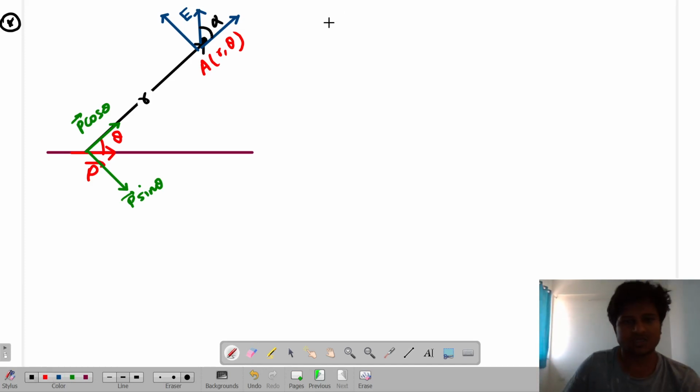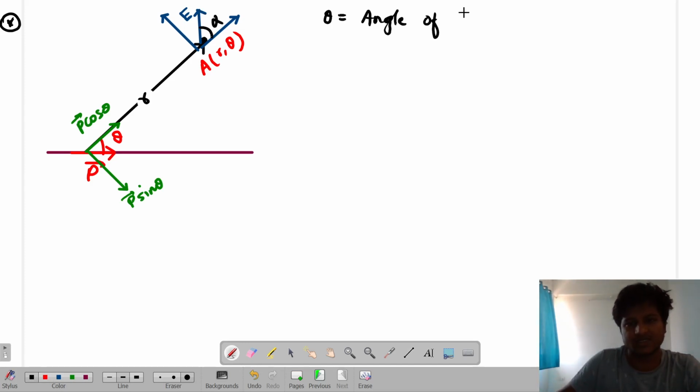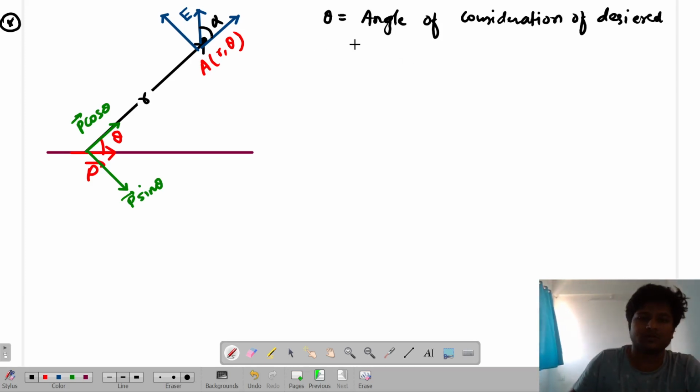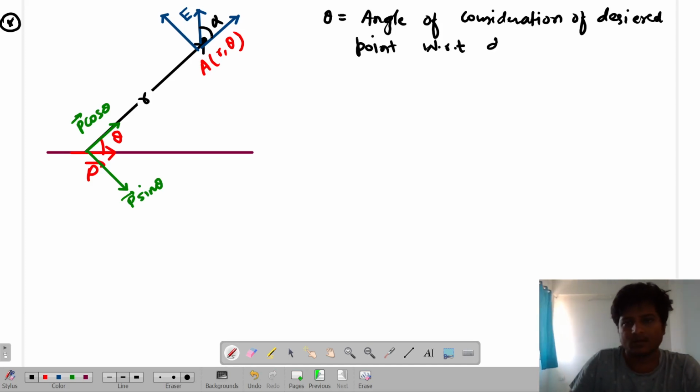So see, there are two things. Theta is the angle of consideration of the desired point with respect to the dipole moment vector. Is that clear?